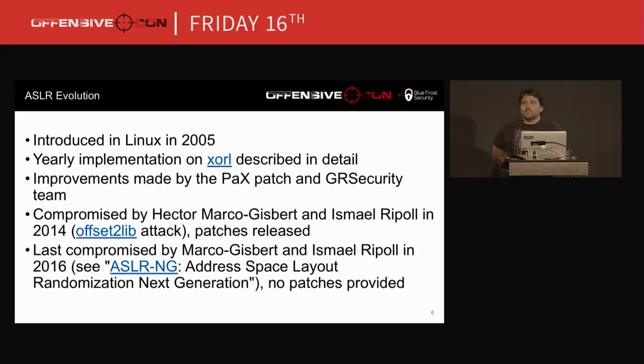The last patches were aimed at the offset-to-lib attack, which allows you to use offsets to libraries from the binary to bypass ASLR. And this one was fixed. And the last work I want to point out before we go next is ASLR-NG, which covers some of what we will talk about today, but there are still no patches provided.